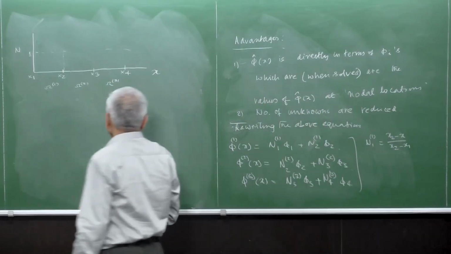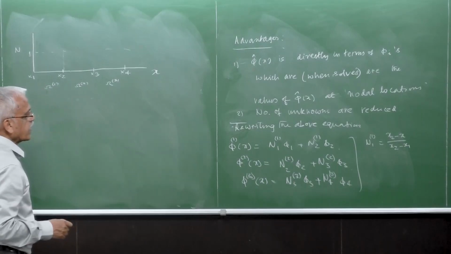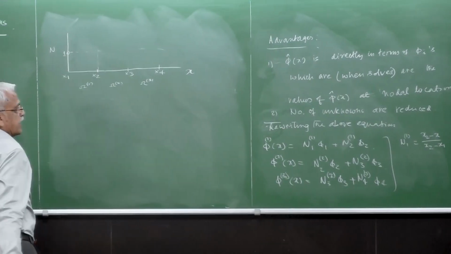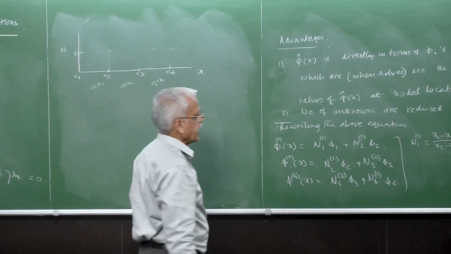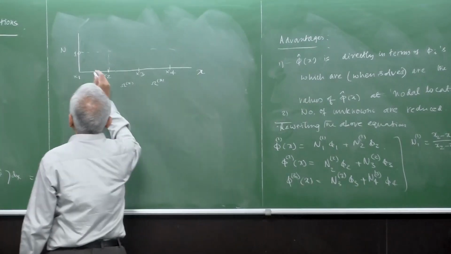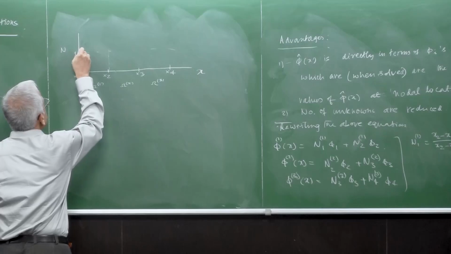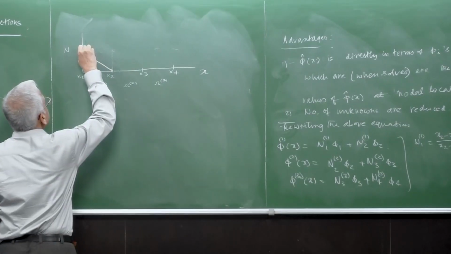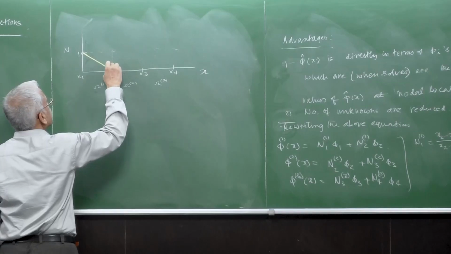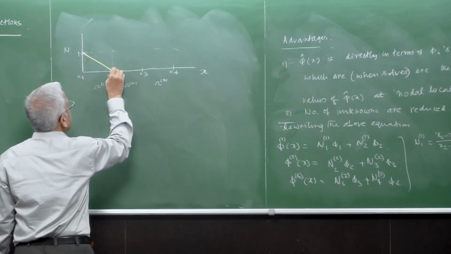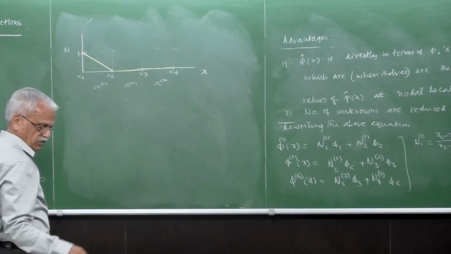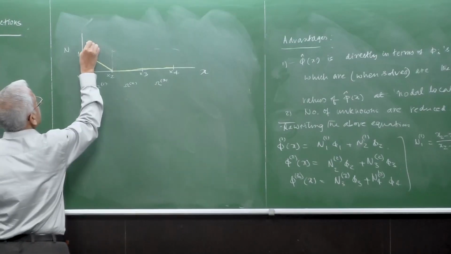So what is that? That has a value of 1 at node 1 and a value of 0 at node 2, and then it varies linearly with x. So it is like this. The function here is obviously defined only in the domain 1, and obviously it is 0 elsewhere. Okay, so this is what N1 is.